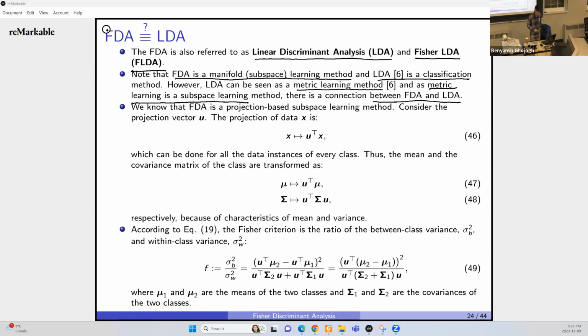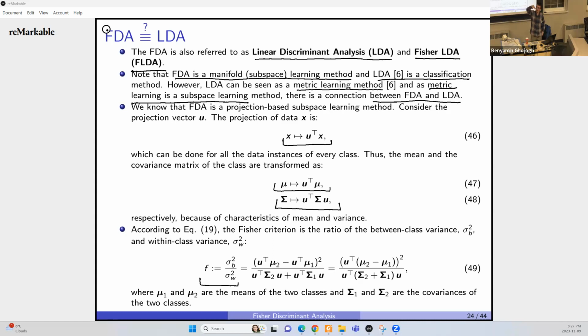Okay. So consider the one-dimensional projection vector of FDA. X becomes U transpose X after linear projection, right? And we know that its mean becomes U transpose mu and its covariance becomes U transpose sigma U, because covariance is quadratic, but mean is linear, right? Now consider the Fisher criterion. What is the Fisher criterion?